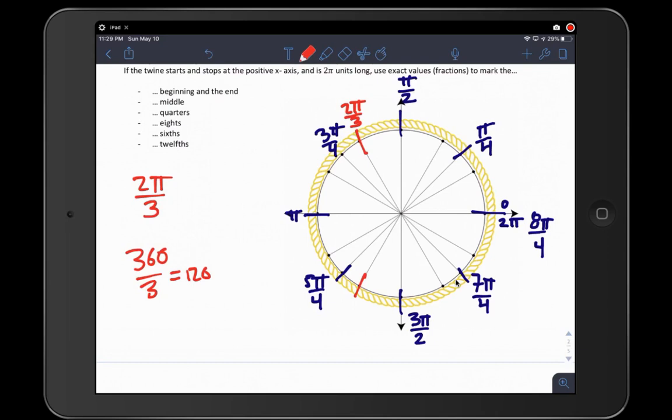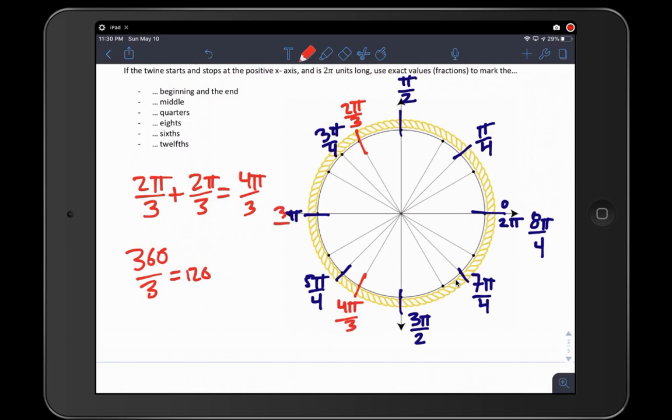Okay, sorry, maybe the video glitched a little bit. I had to pause it and fix something. But now, if we added another 2 pi over 3 past that, we would be at 4 pi over 3, right? So 2 pi over 3 plus 2 pi over 3, just like regular fractions and combining like terms, we get 4 pi over 3. So this would be 4 pi over 3.